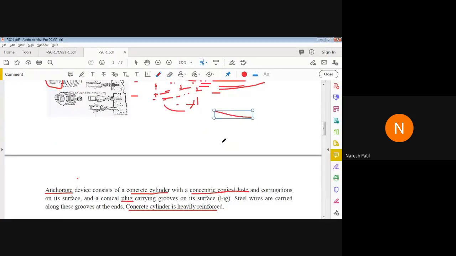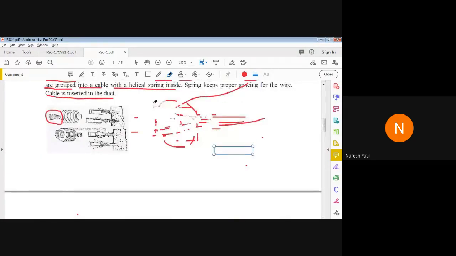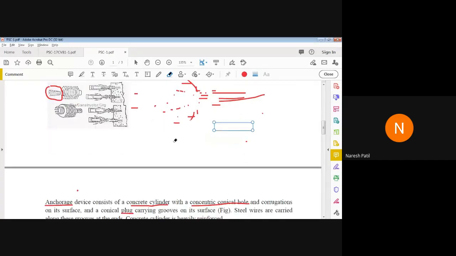So the cylinder will be like this, it will be in this shape, and the cables will be passed through it like this.